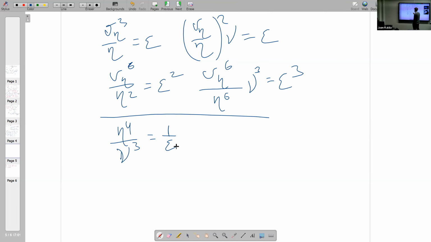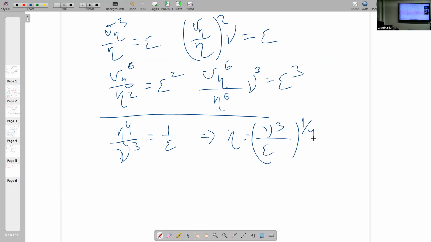So the Kolmogorov microscale eta equals nu cubed divided by epsilon, to the power of 1/4. Which means that with stronger dissipation, more energy input, more dissipation, the scale eta will go down, of course.